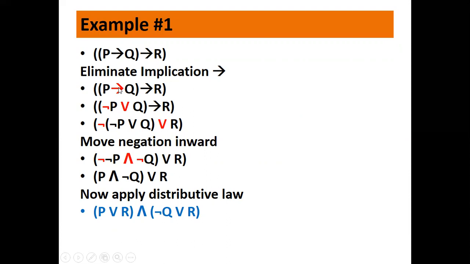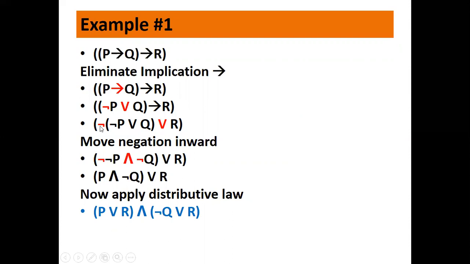So implication is eliminated. Now let us eliminate the outer implication. Again it will be negation and or. So negation of negation of P or Q, or R. Is it clear? We eliminated the inner implication and then we eliminated the outer implication. Now if you observe here, negation is outside, right?